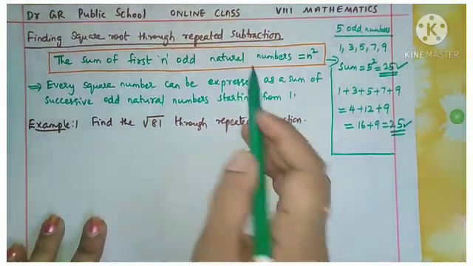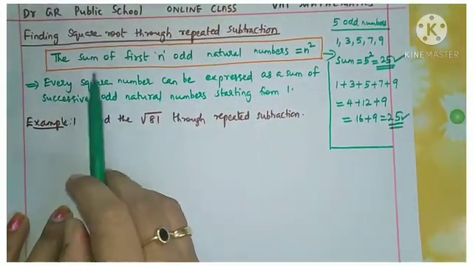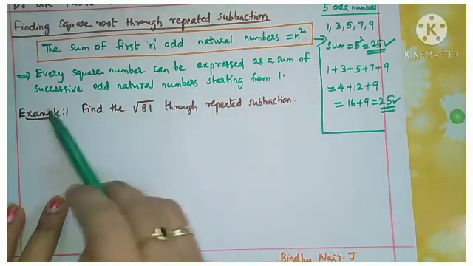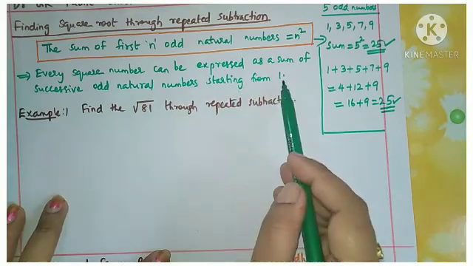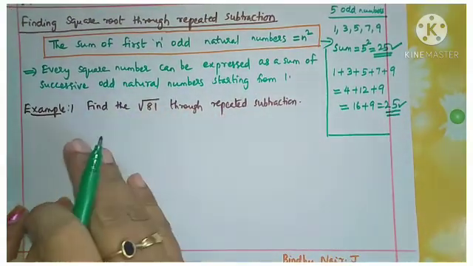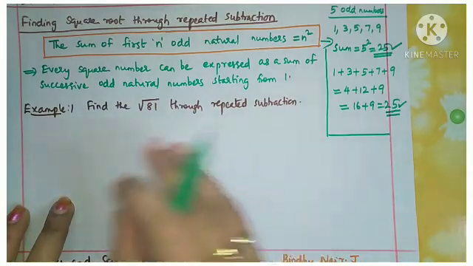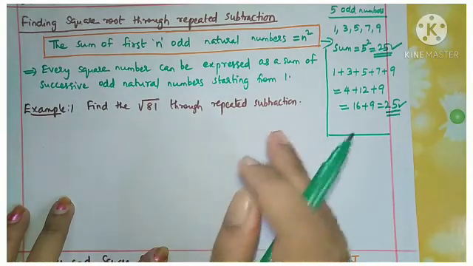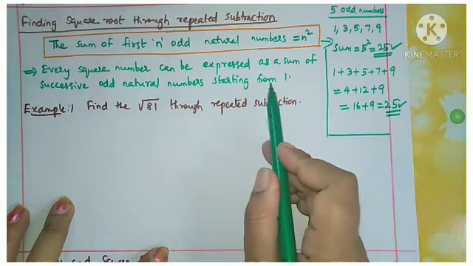Now from this result there comes a meaning. Every square number can be expressed as a sum of successive odd natural numbers starting from 1. So we are telling the reverse meaning, that all the square numbers can be expressed as a sum of odd natural numbers starting from 1.